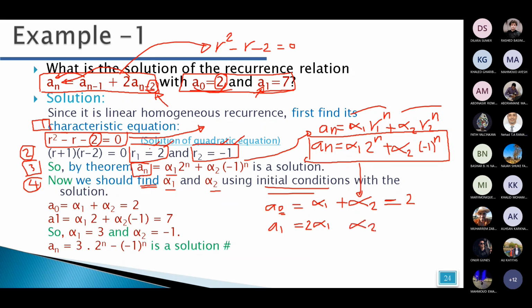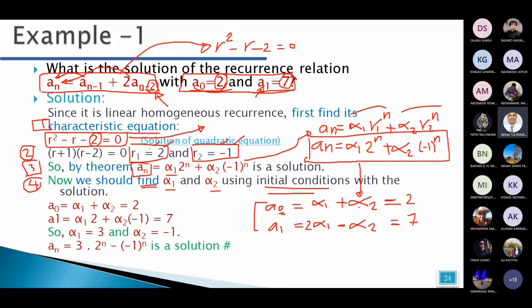Alpha 2 here, -1 power what? Power 1. So it becomes -1. So minus alpha 2 equal, how much here? Equal 7.